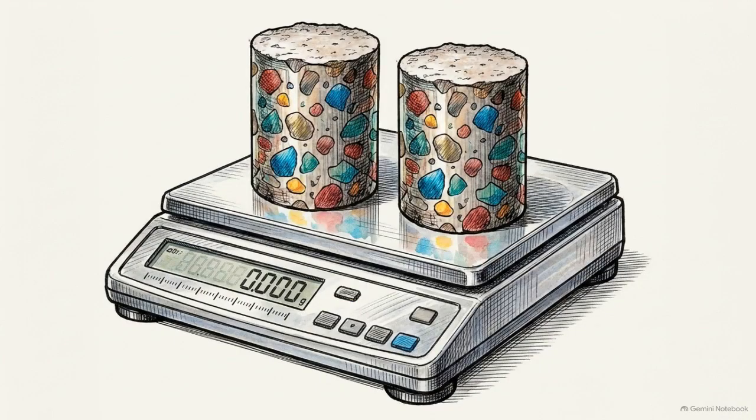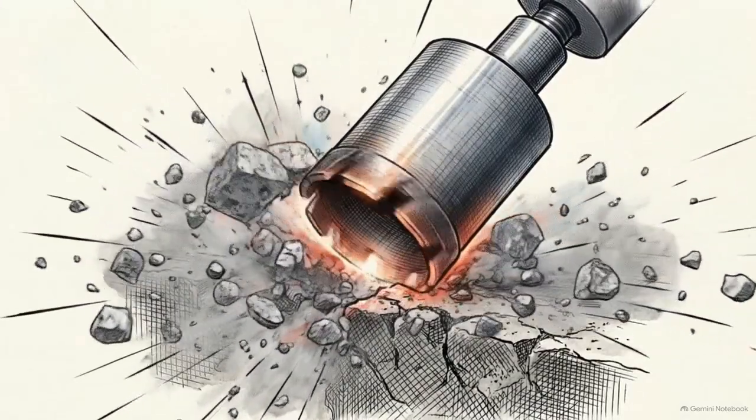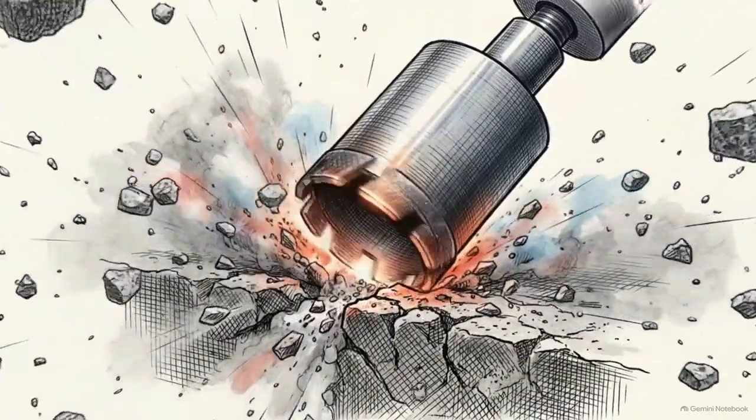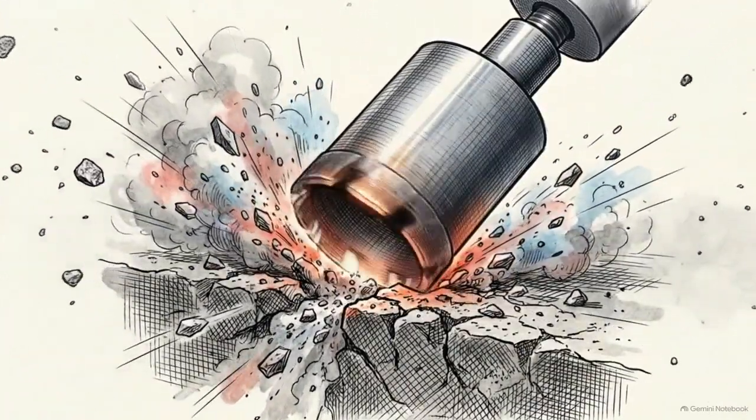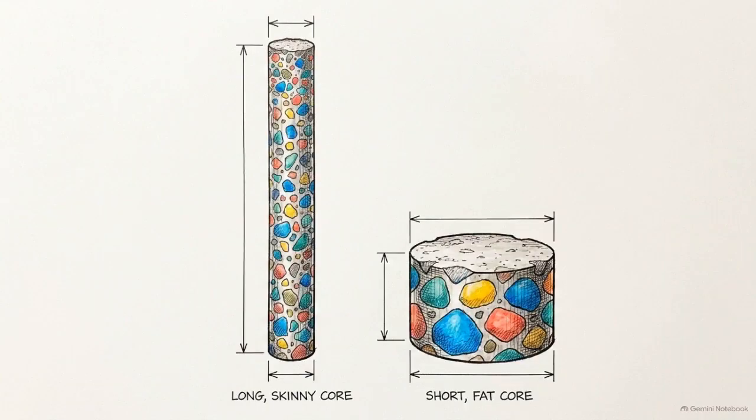A common error in the field is assuming that once a concrete cylinder is out of the panel, all cores are mathematically equal. Drilling is inherently destructive. The force of the diamond bit grinding through aggregate can induce microcracks or chip edges, invalidating a subsequent strength test.